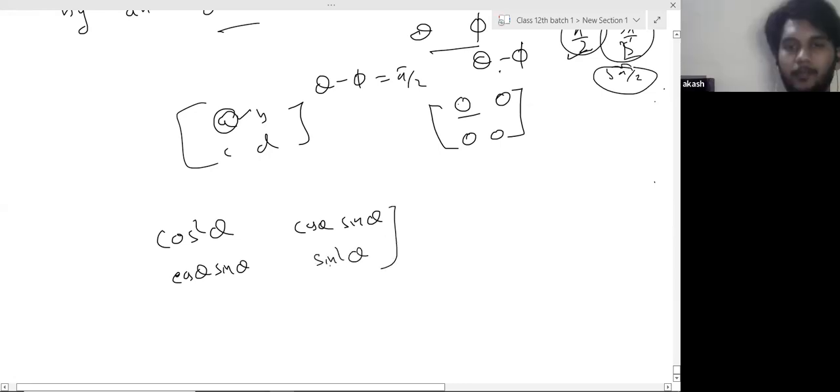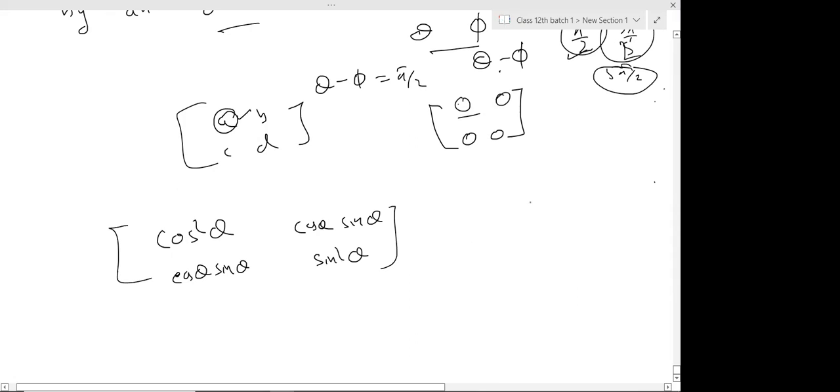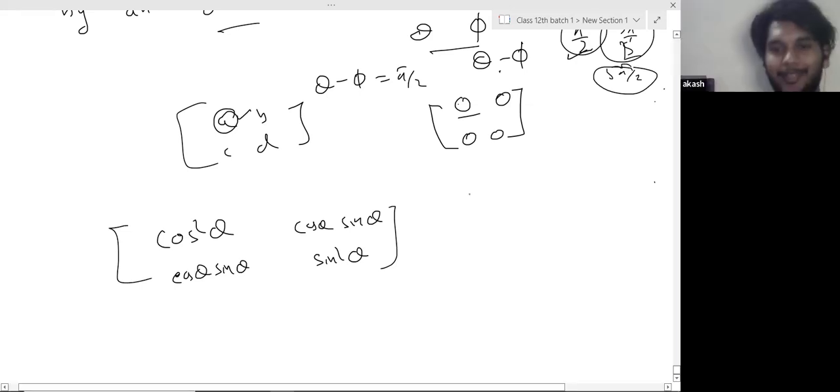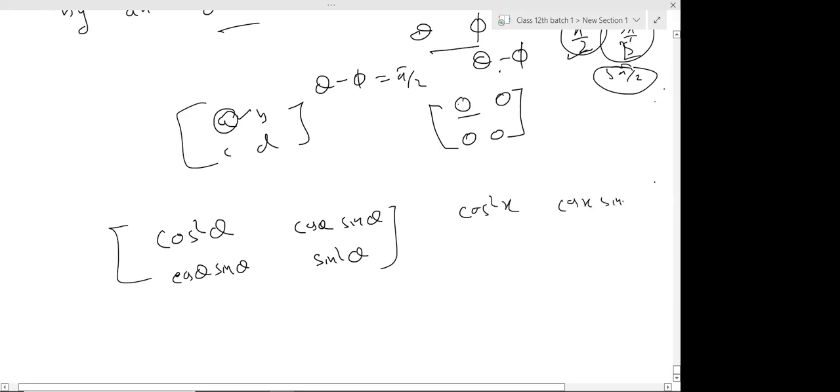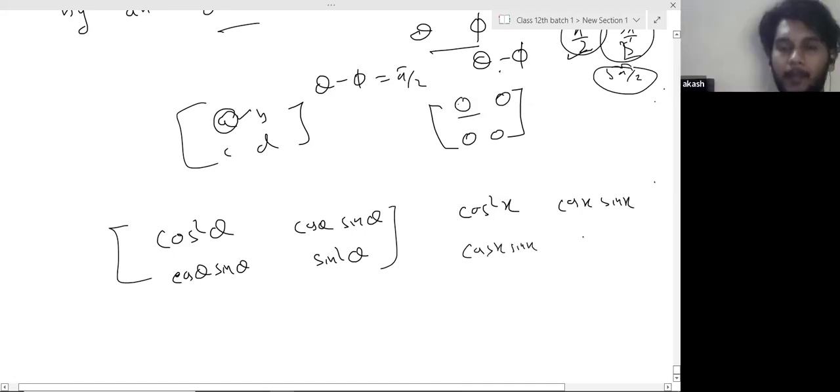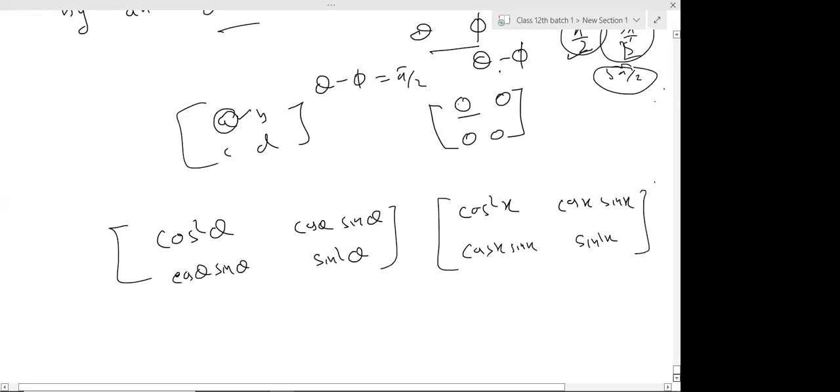You can write cos square x. Let's write cos square x, and this is cos x sin x, and then again cos x sin x, and then sin square x. So let's multiply.